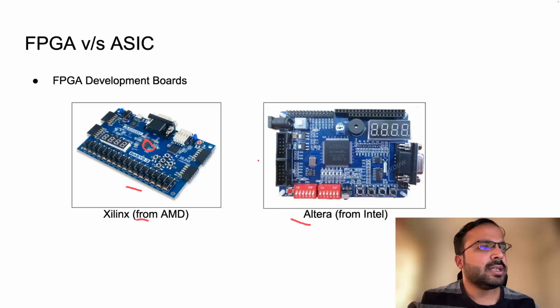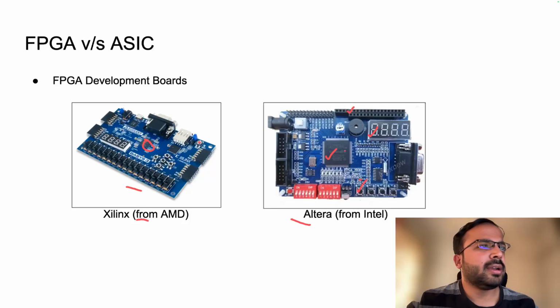Similarly, you will see this other FPGA development board. This is the main chip from Altera, and then you will have certain switches. Then again you have these 8 cross 8 LEDs, and you have these ports where you can connect wires.